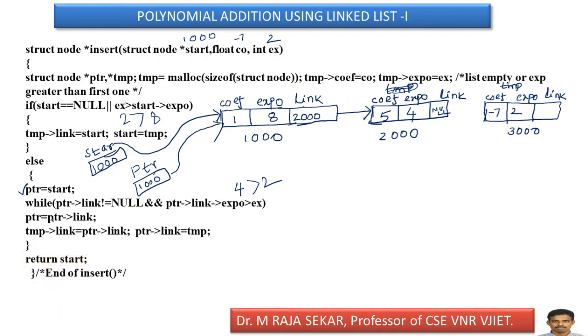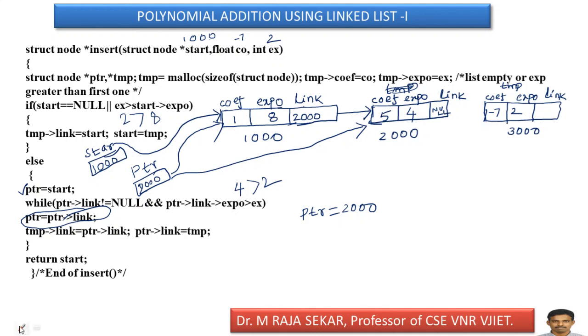Therefore this statement will get executed: PTR equal to PTR arrow link. What is my PTR? 1000. 1000 link is 2000. Now PTR is updated with 2000. It will point to the node whose address is 2000, isn't it?